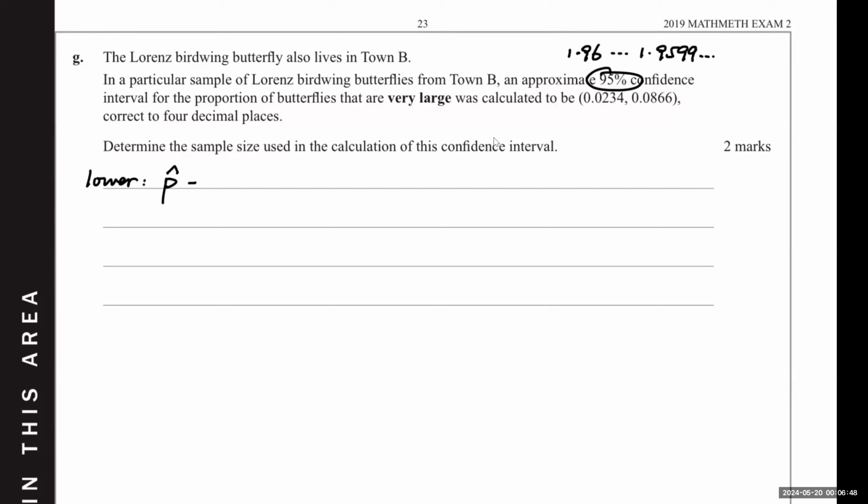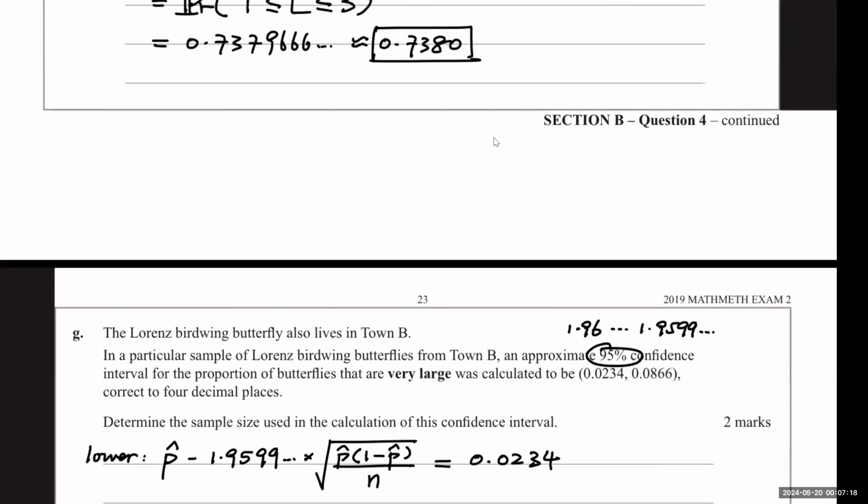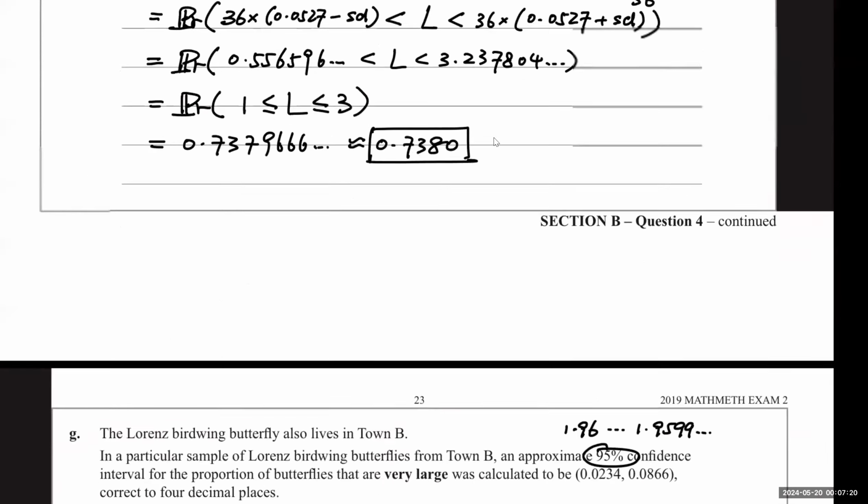Something like that. Times, well, this is your p hat 1 minus p hat divided by n, actually not 36 because we don't know the n value yet. We have to figure it out. You can't assume n is 36. 36 was for the last part, okay?